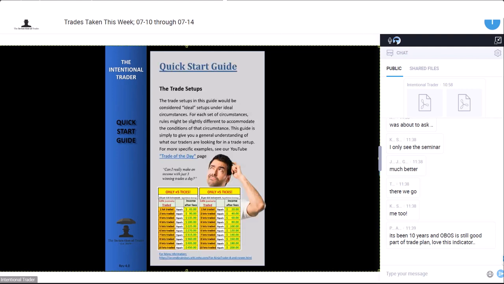Now we're going to talk about the setups. First of all, we trade for a 5-tick target and a 7-tick stop. You can change that if you want. Nobody says you have to do what we do. You could start out trading for a 5-tick target and a 7-tick stop, and then after time, once you've gotten more comfortable with the setups and this whole idea of trading the way we're trading, and you've practiced for a while, you can make your own decisions.